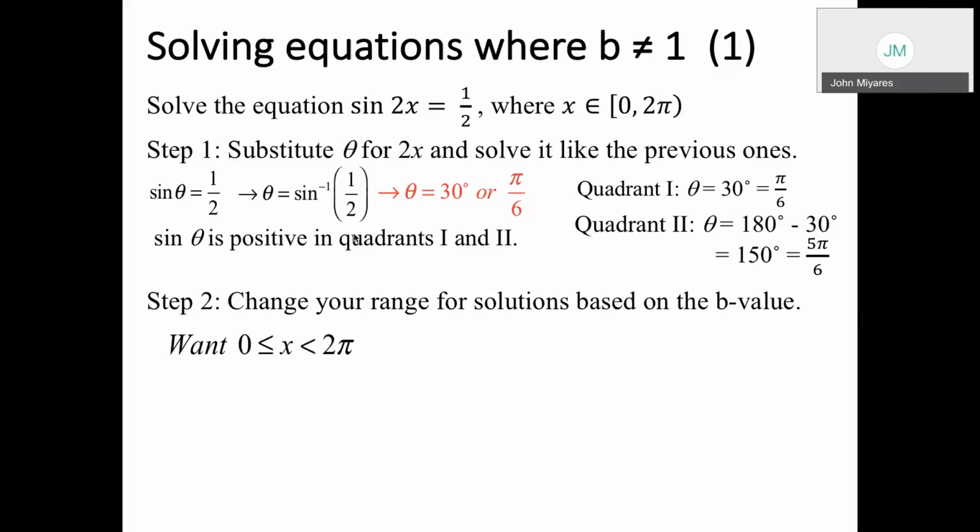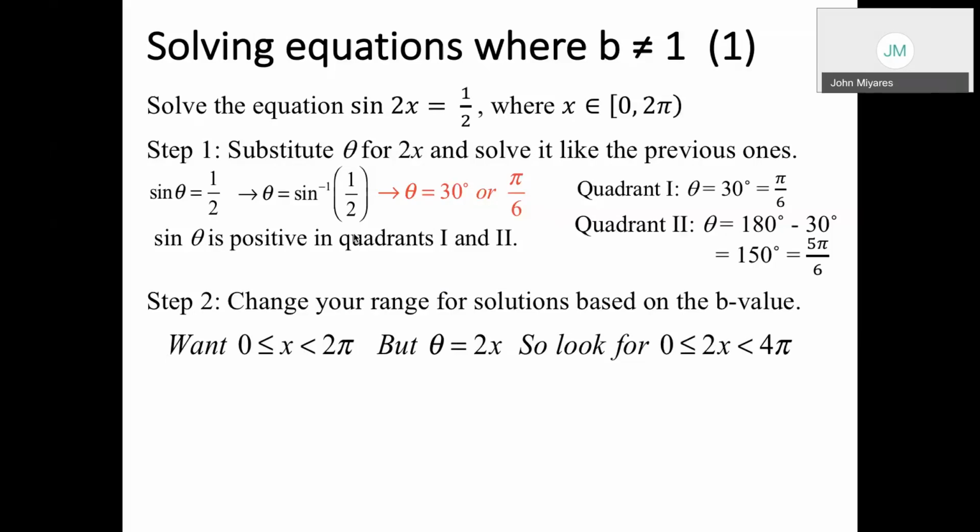So if I want all of my angles to be between 0 and 2 pi, but the value I had for theta is going to be the same as 2x, then in reality, what I'm going to need to look for are all the answers for 2x, which are really your answers for theta, to be between 0 and 4 pi.